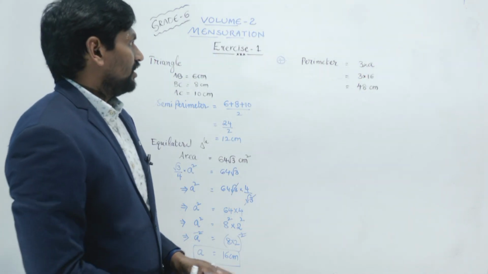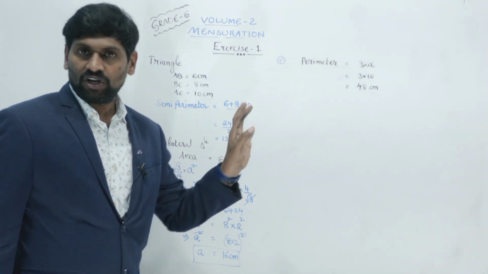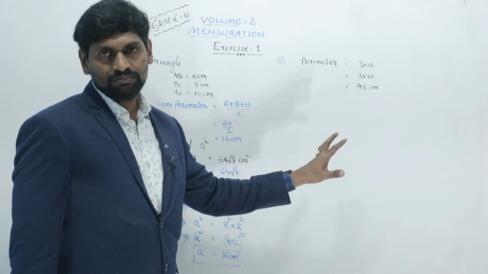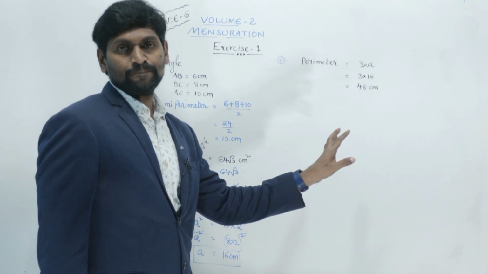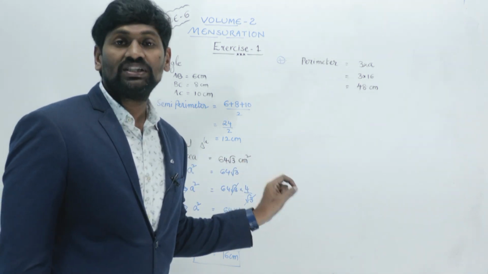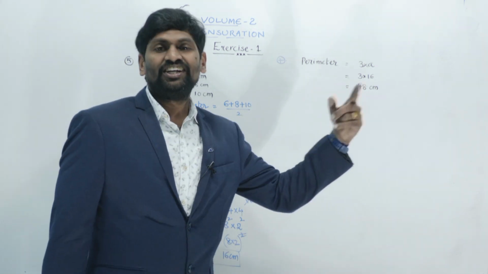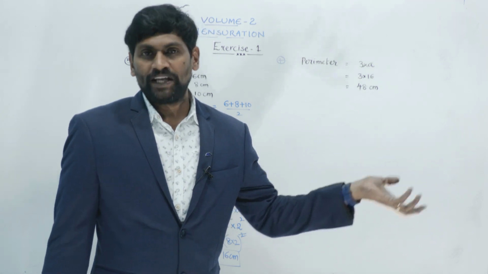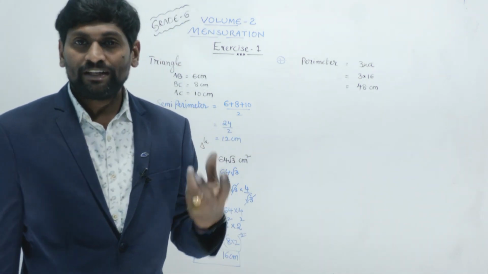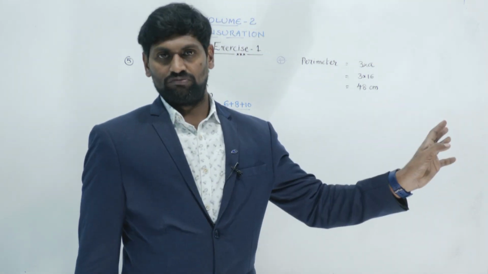So the 6th and 7th problems are related. The same values are given, but the 6th problem only asks for the length of the side, while the 7th is a continuation: find its perimeter. To find the perimeter we also need the length of a side.